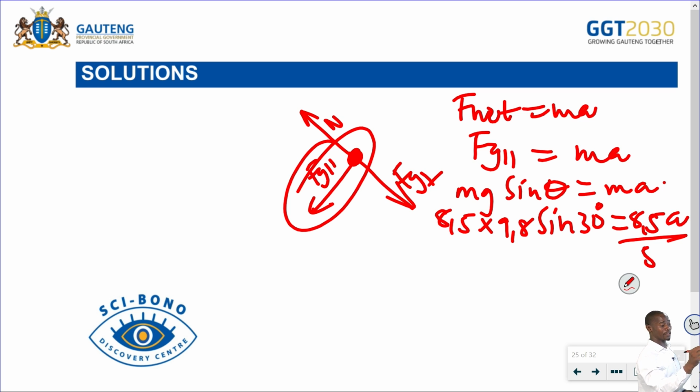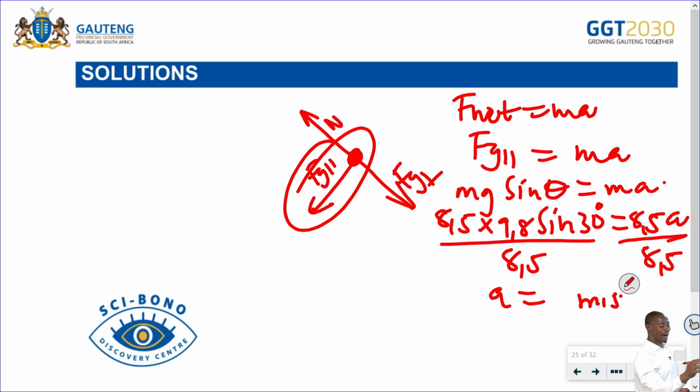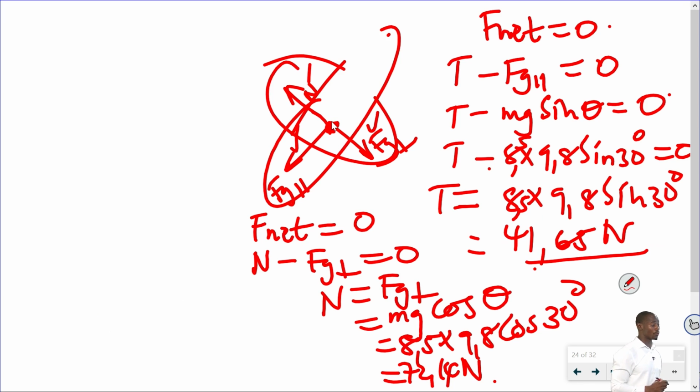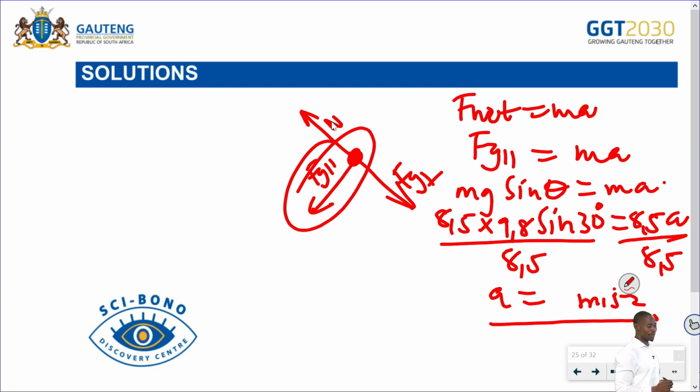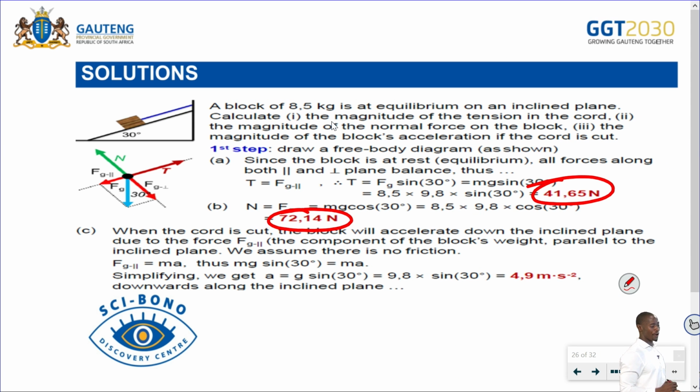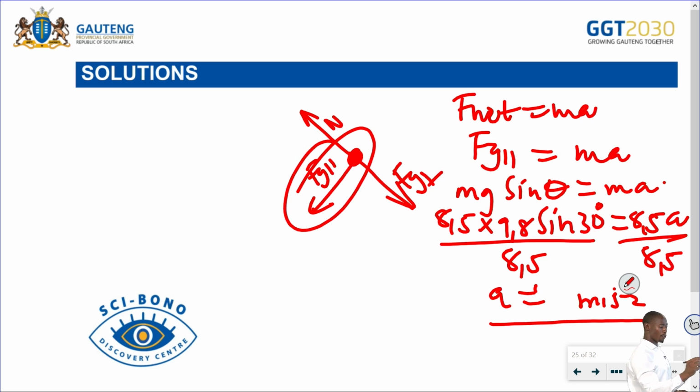Then we just divide both sides by 8.5. Then you'll get the magnitude of acceleration in meters per second squared. Obviously, this object is accelerating in which direction? Downwards. So this is the only force acting downwards there. Let's check what they got. So it's 4.9 meters per second squared. Okay.